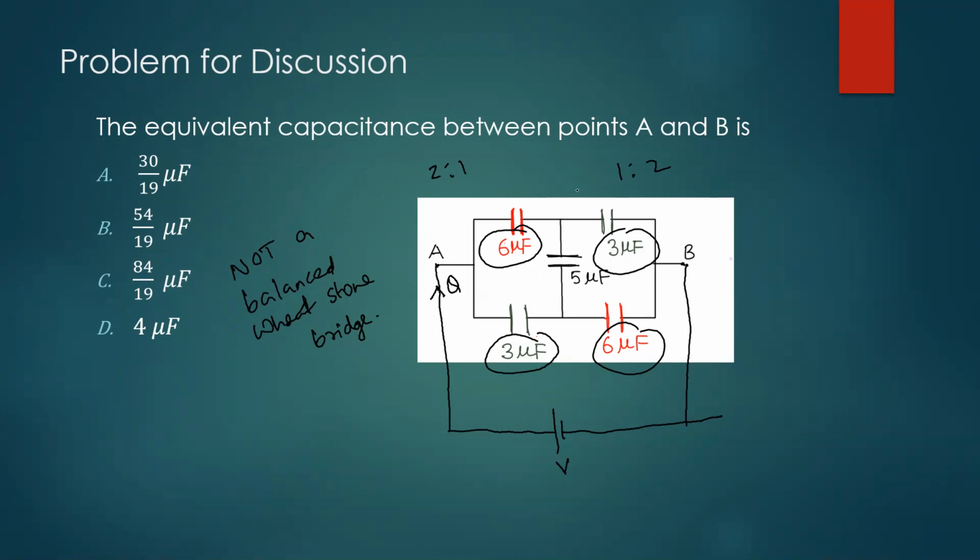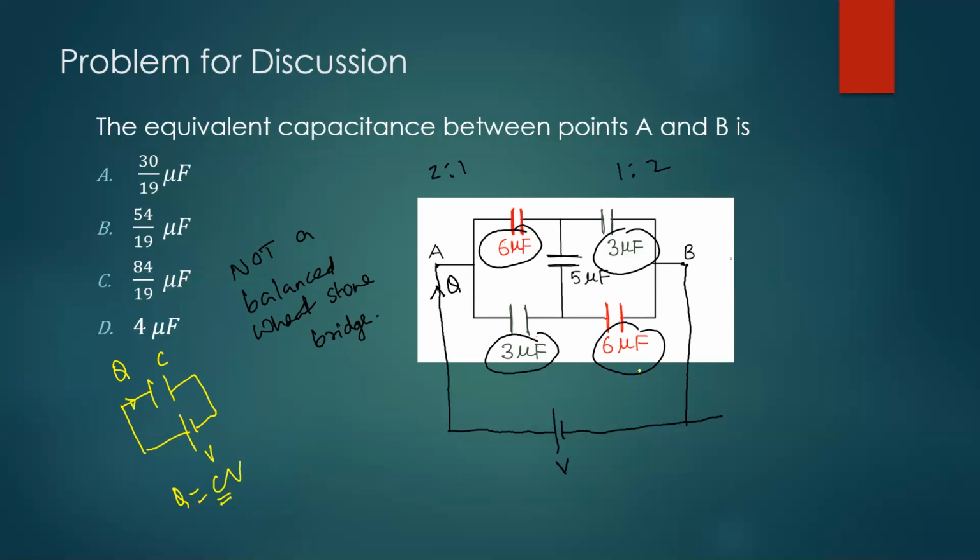So if I remove this network and then replace it with a single capacitor, the single capacitor does the same job of transferring charge Q. So if you are able to write this as Q is equal to CV, that C is the equivalent capacitance.